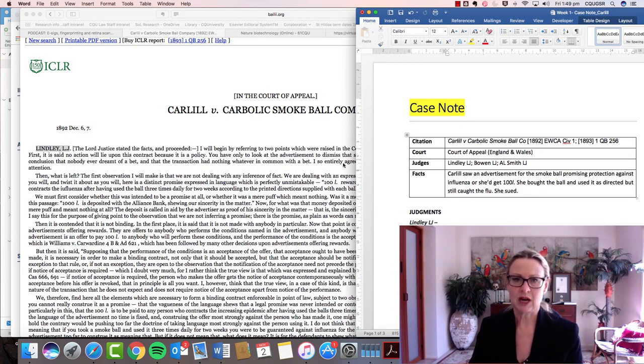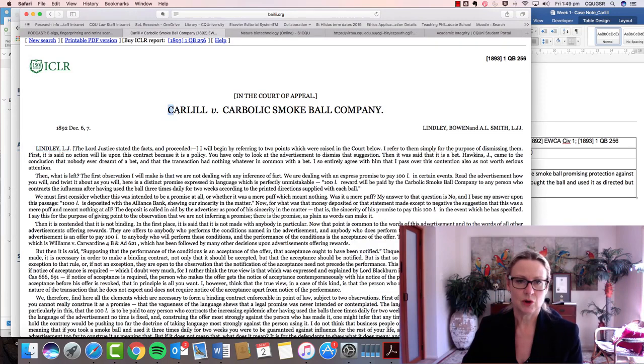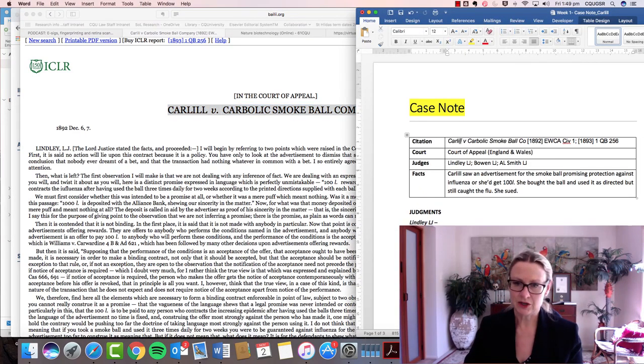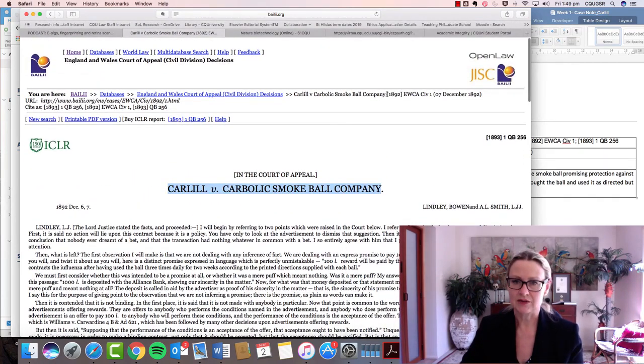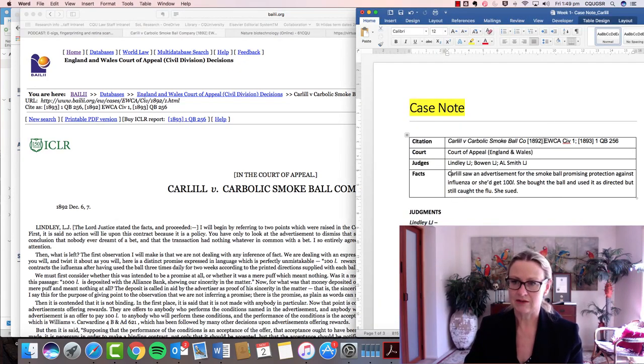If you have your document up at the same time as the case, it makes things easier, because you can copy the case name and go across to your document and copy it into your case note. And you can go up here and the citation will be right there for you. You can copy that and then go across to your case note and dump that in there. So you don't have to be constantly typing things yourself.